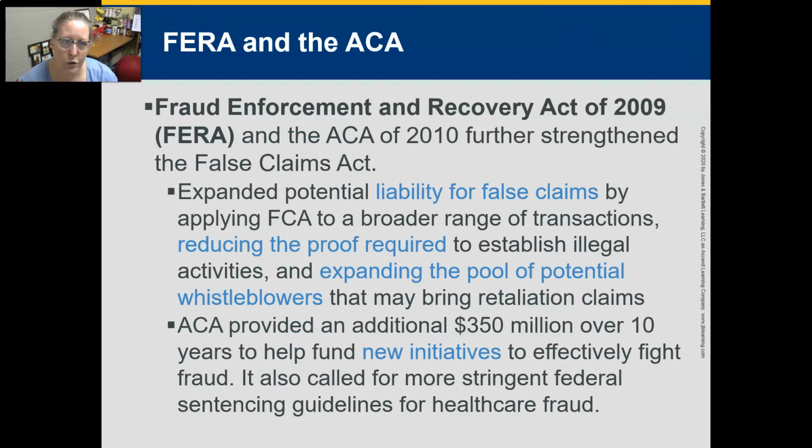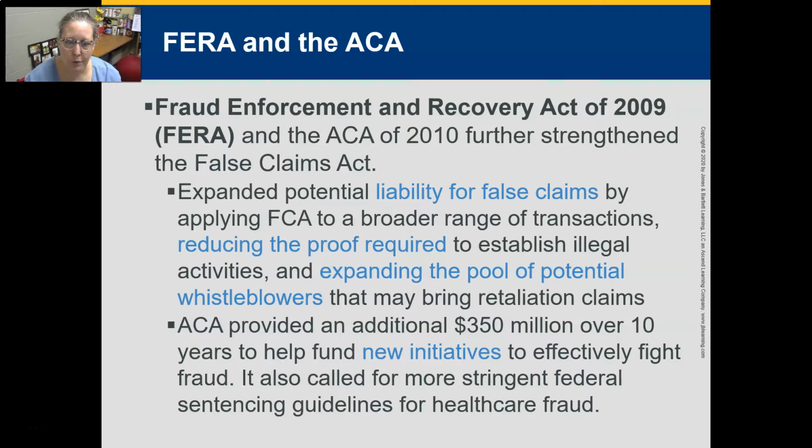The Fraud Enforcement and Recovery Act of 2009, FERA, and the ACA of 2010 furthered and strengthened the False Claims Act. They expanded the potential liability for false claims by applying the False Claims Act to a broader range of transactions, by reducing the proof required to establish illegal activities, and by expanding the pool of potential whistleblowers, who may bring retaliation claims.